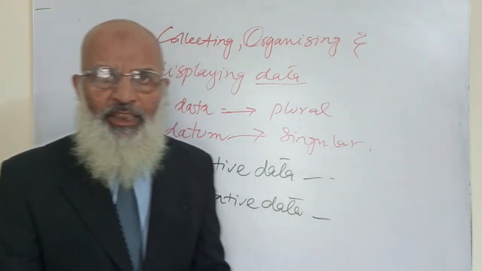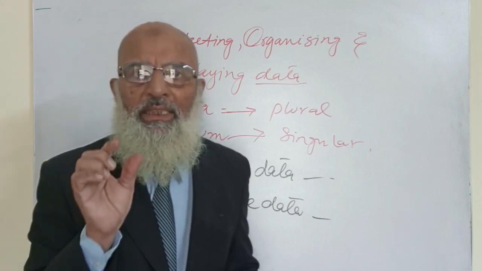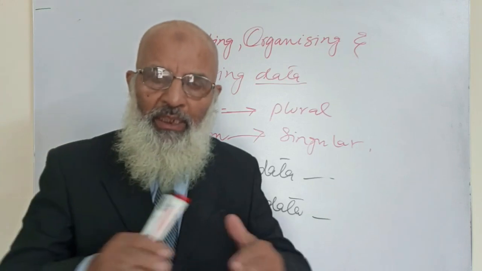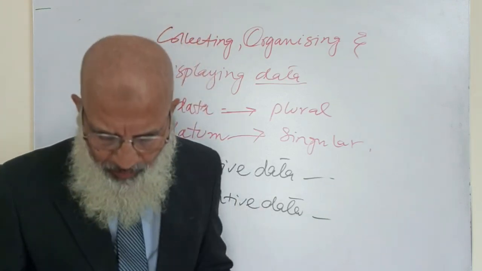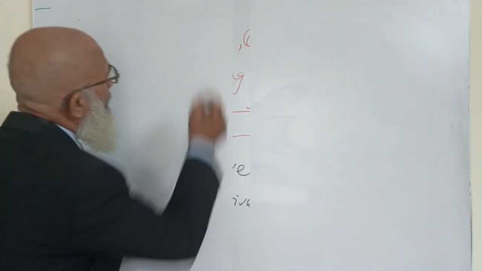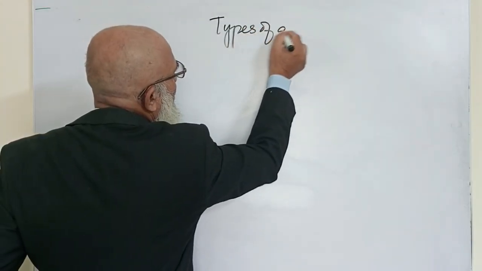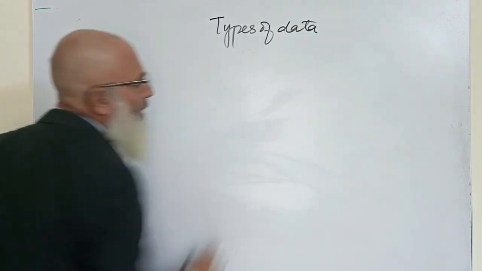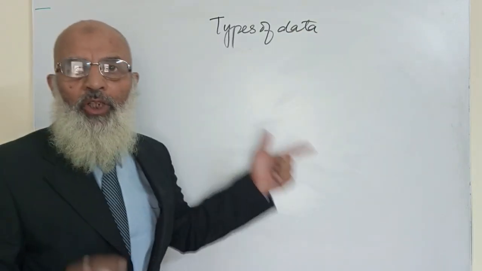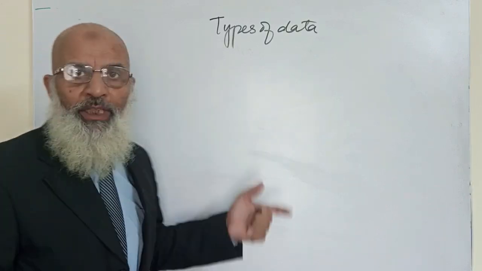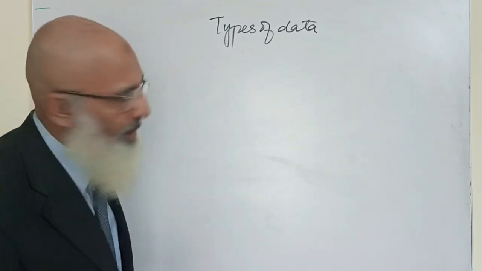Let me explain in a few words what qualitative data and quantitative data are. Let me draw a tree diagram for it. Now, what I told you, the types of data. My dear students, the detail is beyond the scope of our study, so I am going to tell you some words about this.